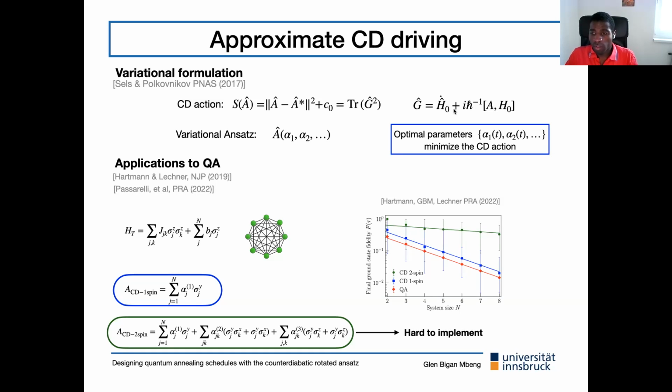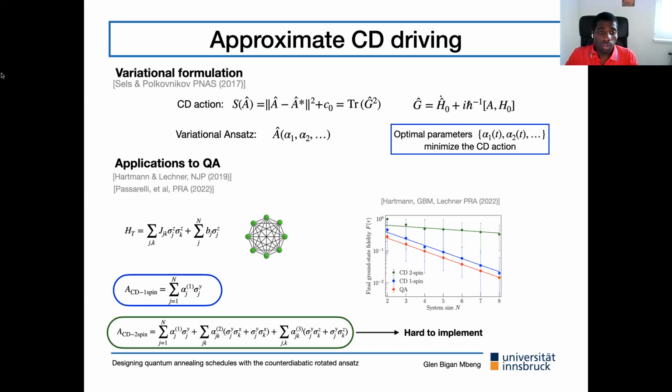This operator contains the derivatives of the Hamiltonian H0 and a commutator with this operator. So here we see that we can recast the problem of finding the exact adiabatic gauge potential, which is needed to find the counterdiabatic driving, into the problem of minimizing this action F.